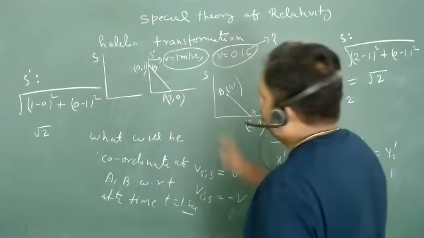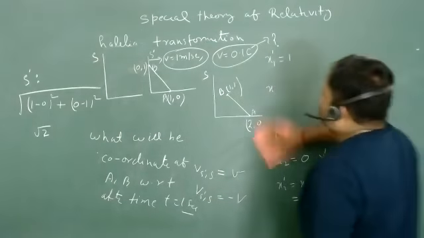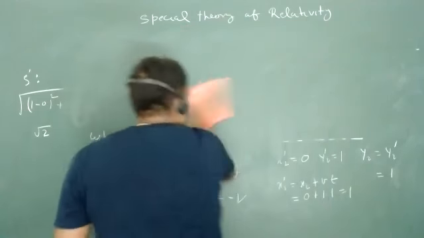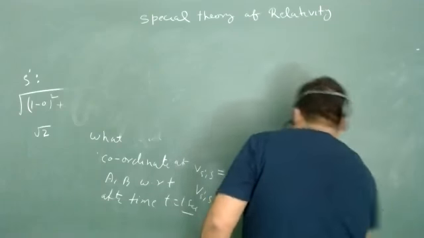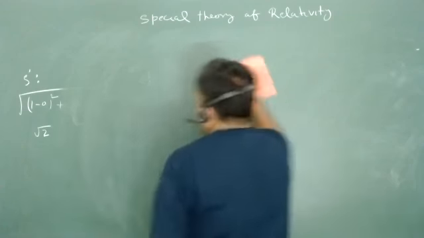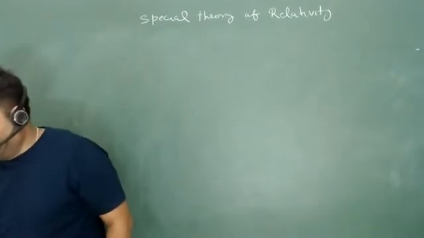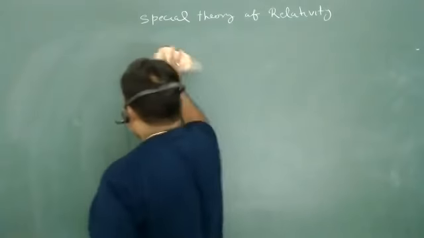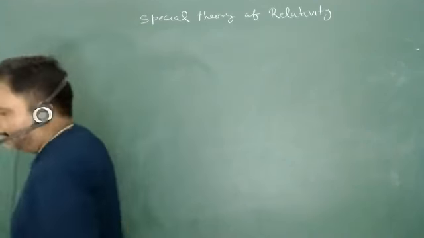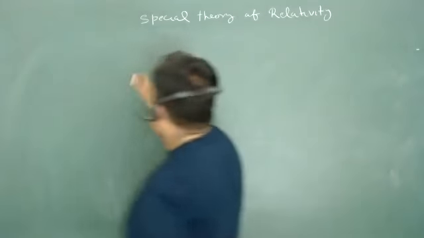Let's go for relative speed in Galilean transformation. Then we will create a very nice story so that in the next class we can easily go into Lorentz transformation and start a very new physics. Now, the same thing is here.